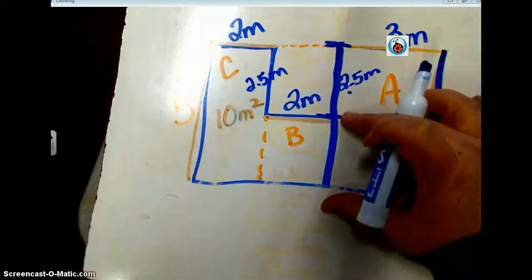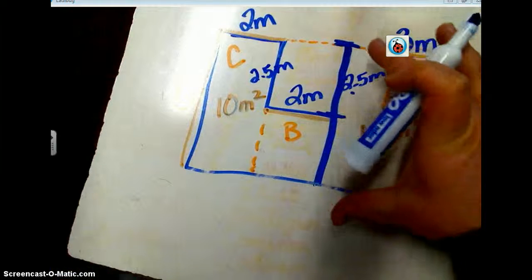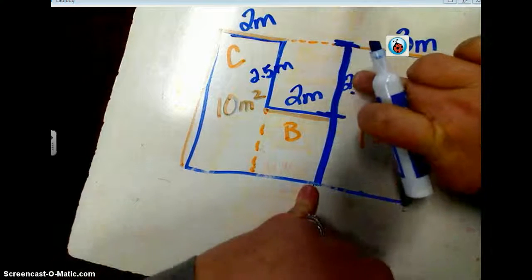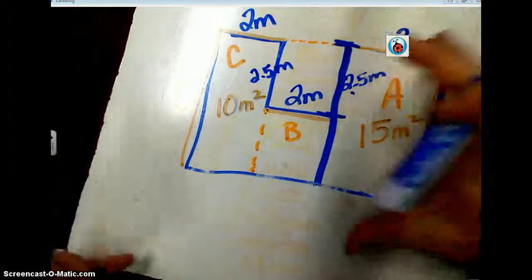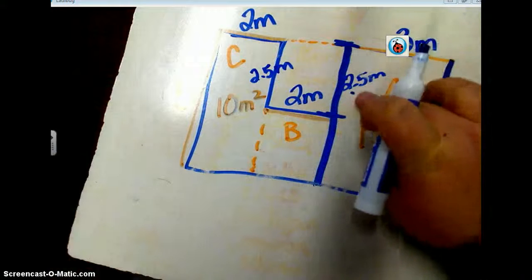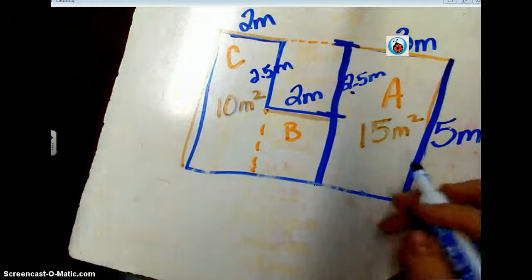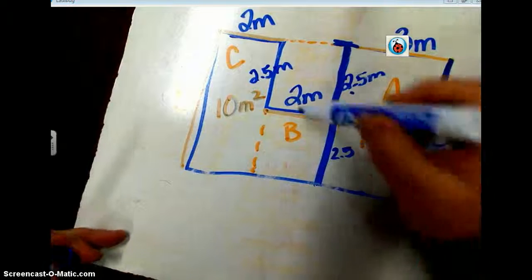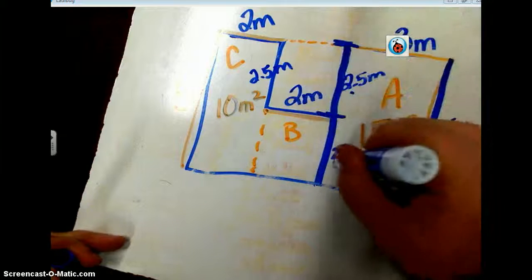Think of it as whole numbers, folks. If this whole thing has to be 5 and this one was 2, what would this have to be? 3. So 5 minus 2.5 is 2.5. So this section here is 2.5 also. Now I have to take 2 times 2.5.